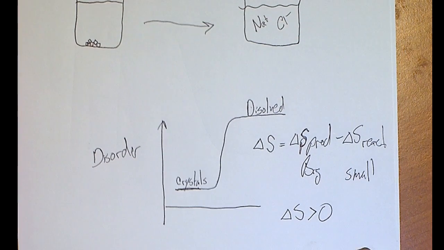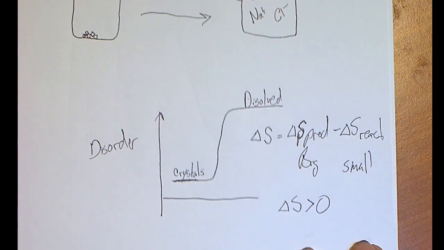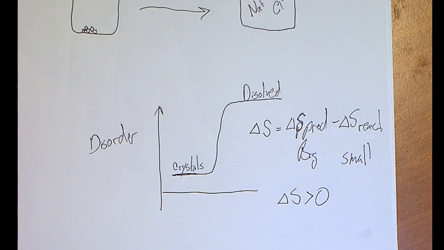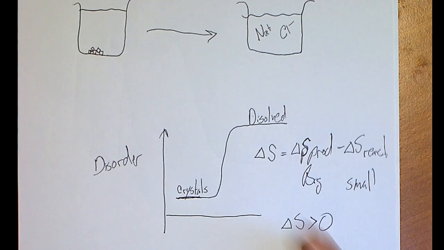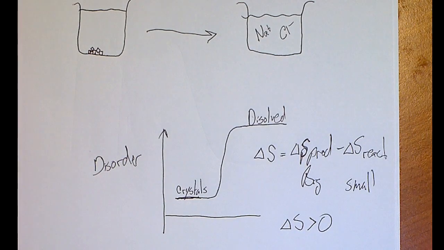And so entropy is the opposite of enthalpy. In things that are spontaneous, the entropy tends to be greater than 0. If the spontaneity of the reaction is caused by entropy, it's greater than 0. Think about the food coloring spreading out in the water.